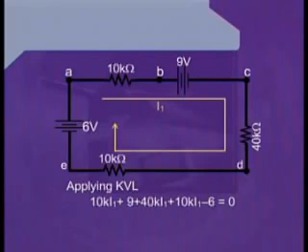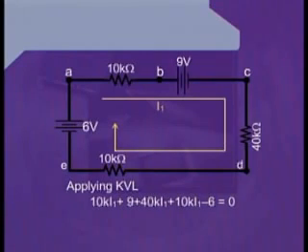Once we reach the point C, we will be facing towards the 40K resistance, or towards the point D. Therefore, we can write 40K into I1, because we have considered that the whole loop is facing the same amount of current passing through it.